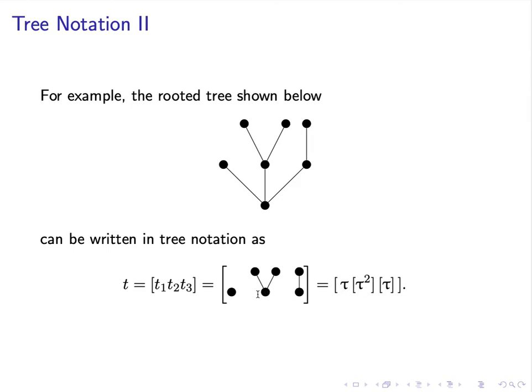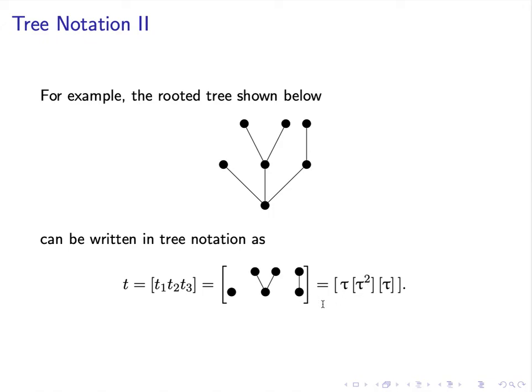Now, this tree here, we have two trees connected to our root node. These two trees happen just to be the character tau. Sorry about that. So we have, where was I? Yes, we have two trees connected to our root node, and these two trees don't have any children, any leaf nodes coming through them, so that's just the letter tau, but because there's two of them, we use the superscript 2.